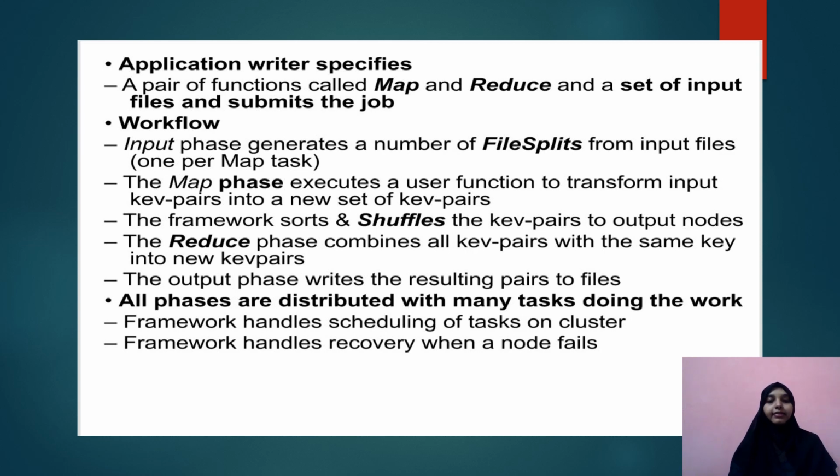A map phase executes a user function to transform input key pairs into a new set of key pairs. The framework sorts and shuffles the key pairs to output nodes. The reduce phase combines all the key pairs with the same key input to new key pair. The output phase writes the resulting pair to files.